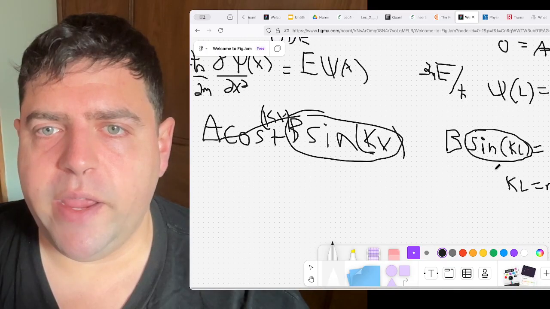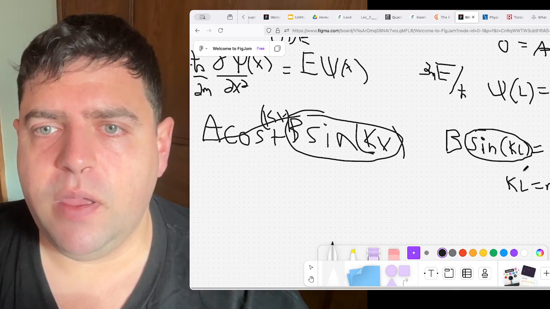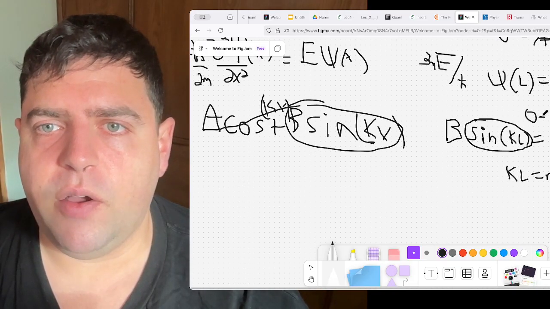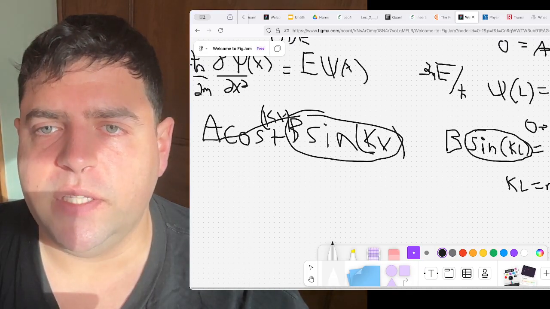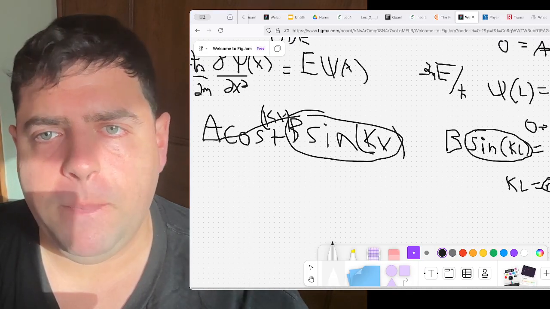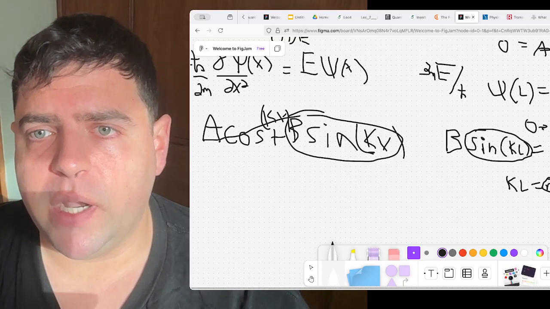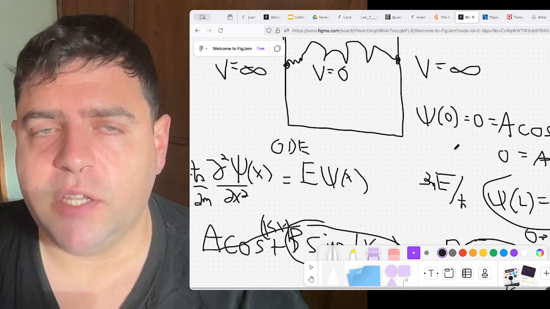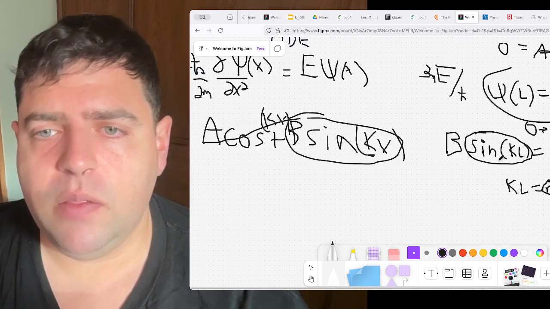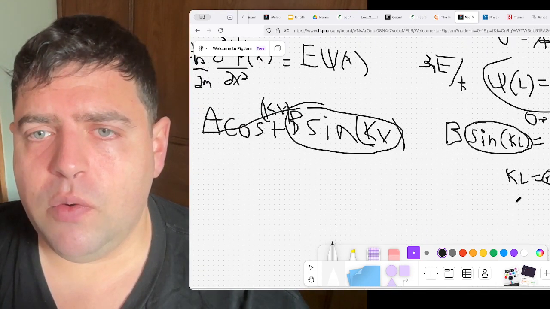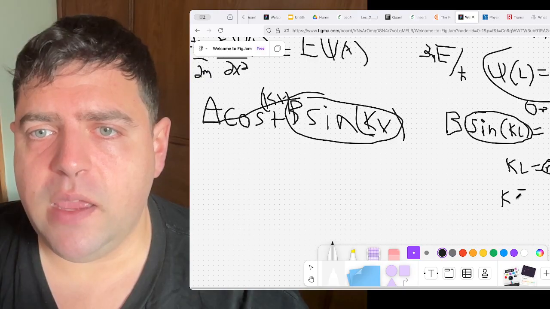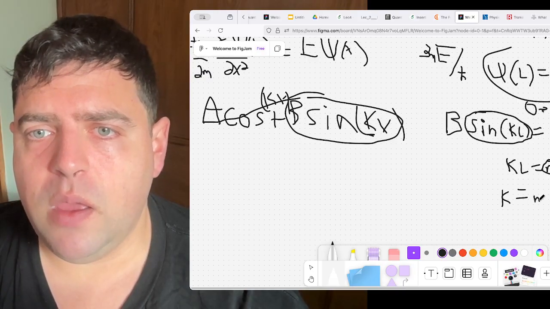And sine likes to be 0 at 0, and also at 180 degrees after that, which is just n pi, right? So as long as this argument is n pi, then we're going to get a 0, and this condition will be satisfied, and this wave will disappear here. That's what we need. So what that actually means is that k needs to equal n pi over L.